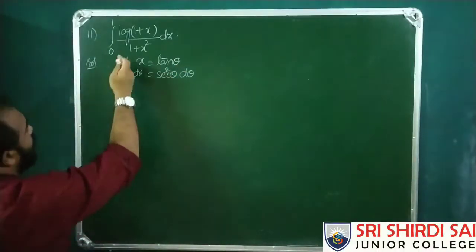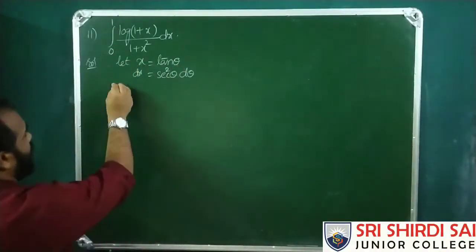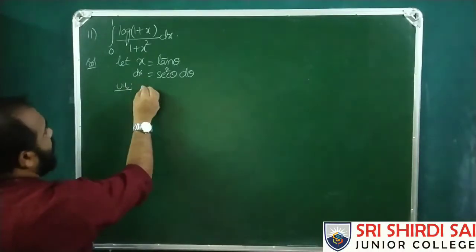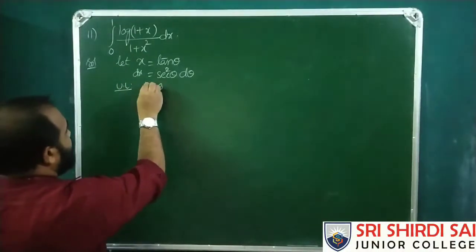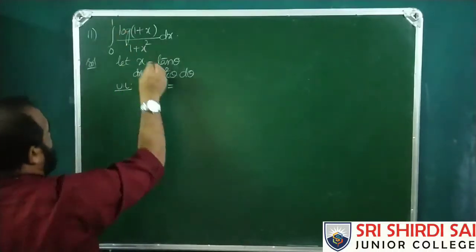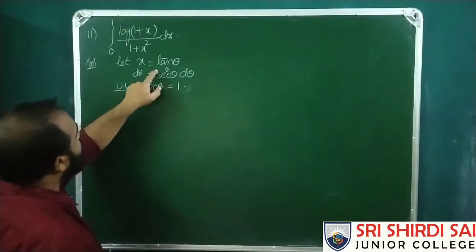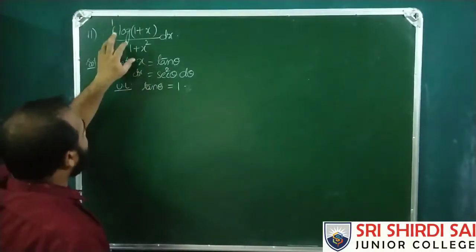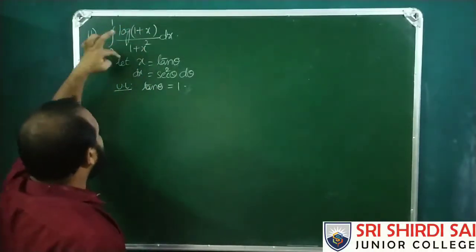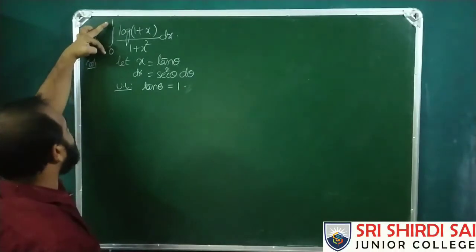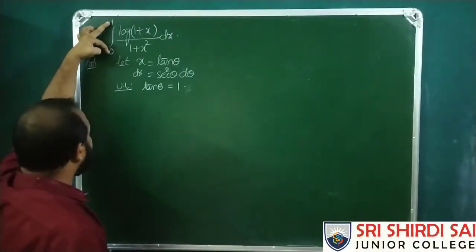Now changing the limits as well. Upper limit: tan theta is equal to 1. This is a function of x. Therefore 0 to 1 are also limits of x only.